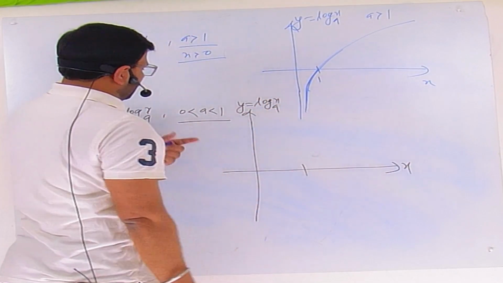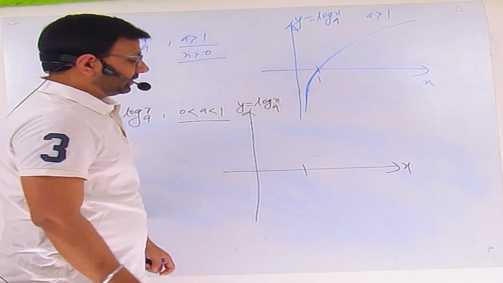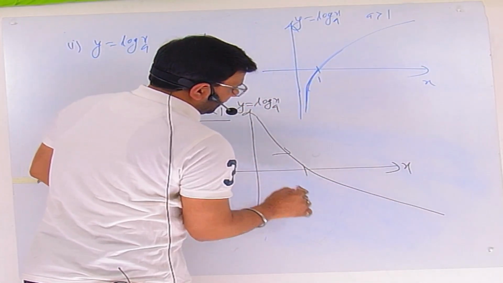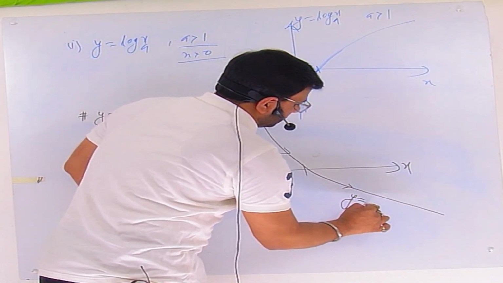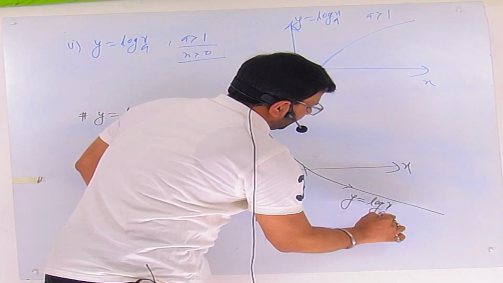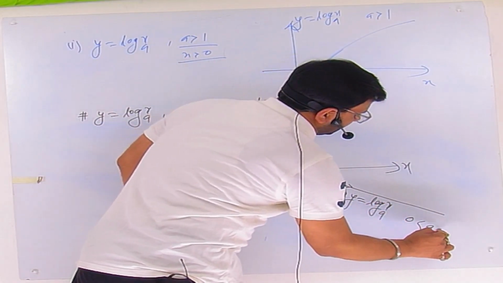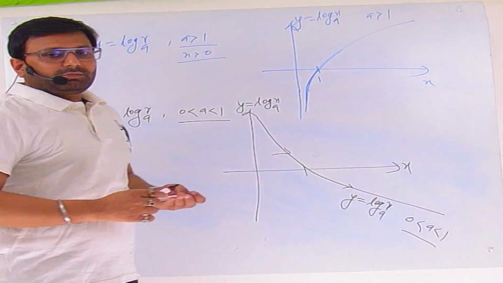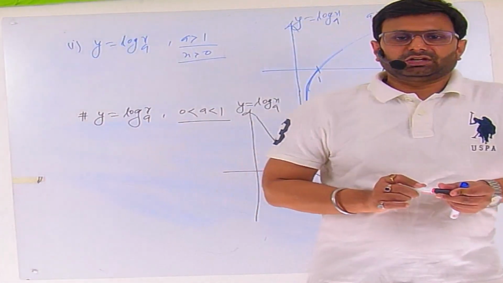This time the graph will be a decreasing function, so the graph will be like this. This is the graph of y is equal to log x base a, but here base greater than 0 but less than 1. So these two things you must remember before solving logarithmic inequality.